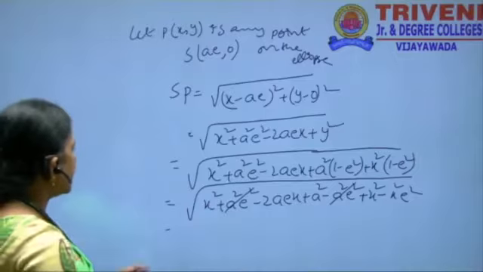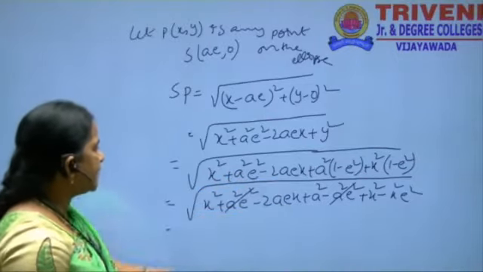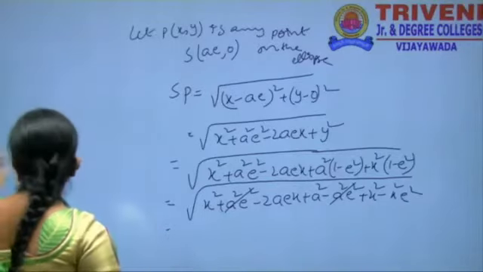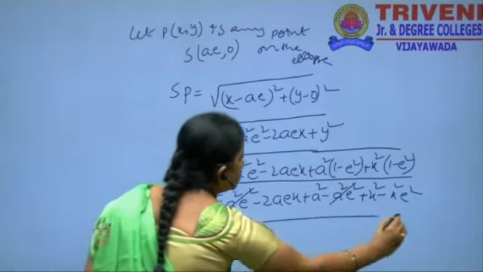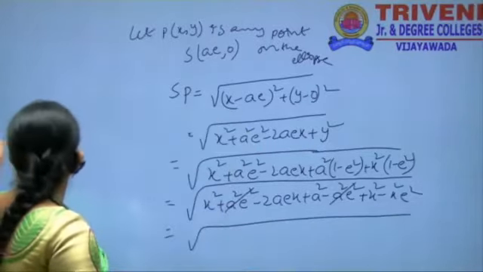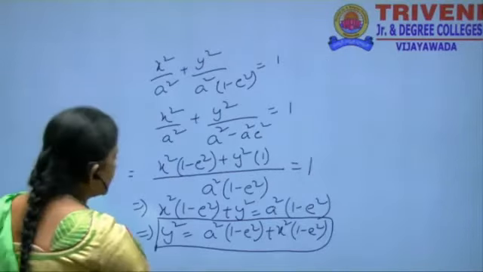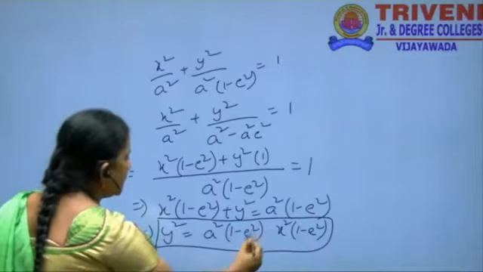Substituting the value x square plus a square e square plus y square, with y square as a square into (1 minus e square), we get the square root of the value, here minus x square e square.